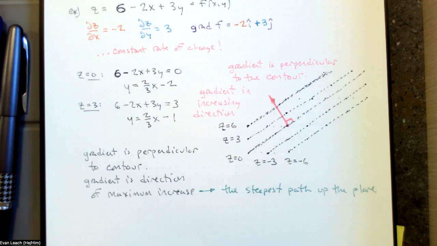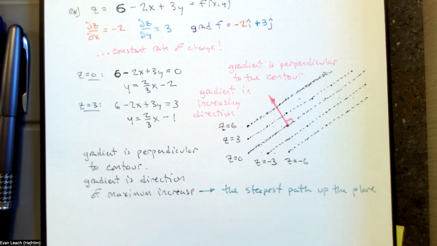Why does it make sense to go perpendicular to the contour for the maximum increase? Well, what happens if we run parallel to the contour? How much is our z increasing? There is no increase. That's where the contour comes from. That's where z is not changing.